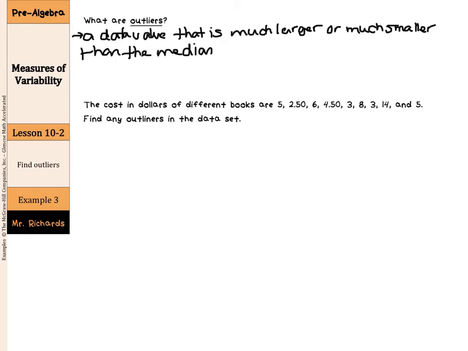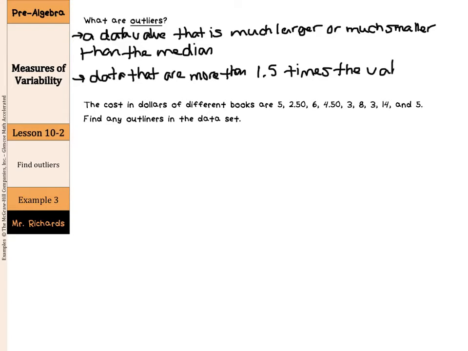And we actually have a way to calculate this. It's data that are more than 1.5, or 1 5/10, times the value of the interquartile range beyond the quartiles.